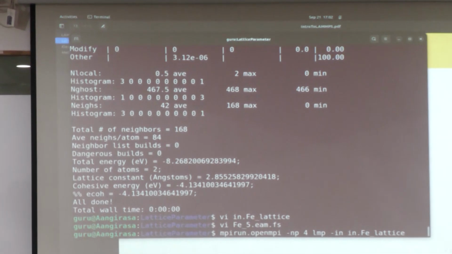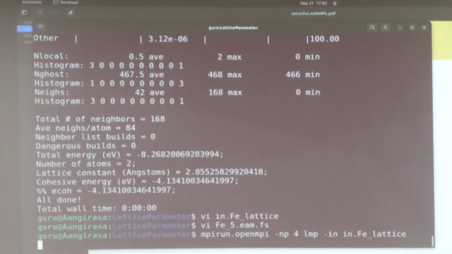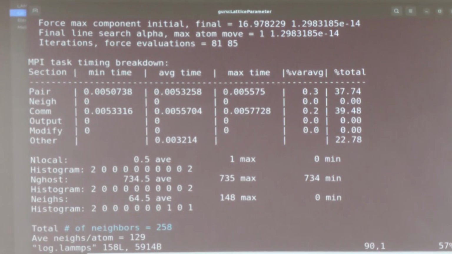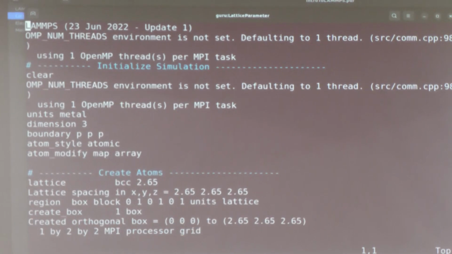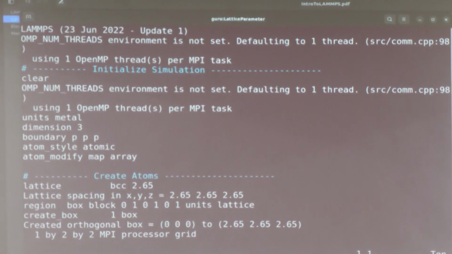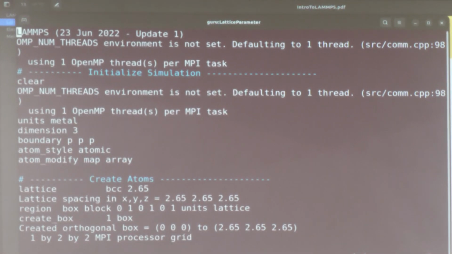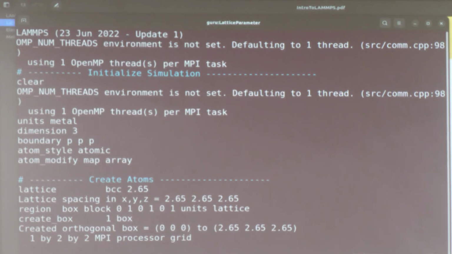So the command is this, I run, then we go look at the log. It has some information. It says I did not give how many threads, because I did not know how to give, but probably Sushil knows.